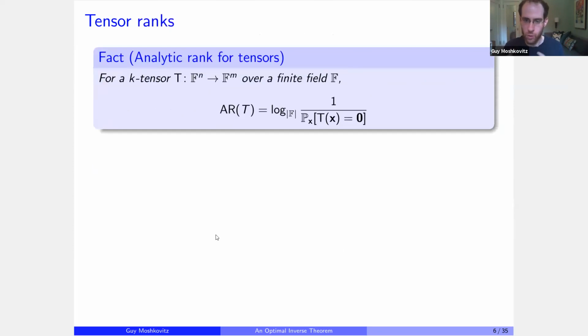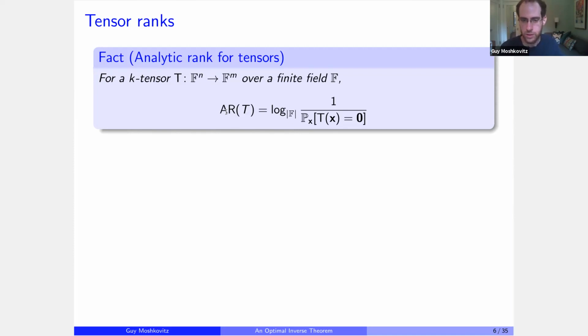So now let's go back to the notions of structure and randomness, and just specialize them to tensors. If you have a tensor, then for the analytic rank, you can start with a definition, and it's not too hard to see that for tensors it exactly counts the number of zeros of your polynomial.